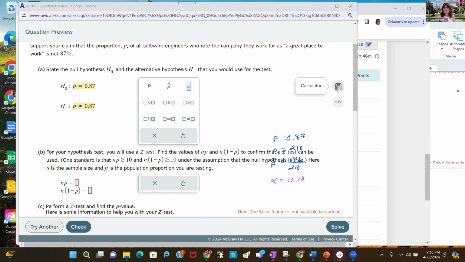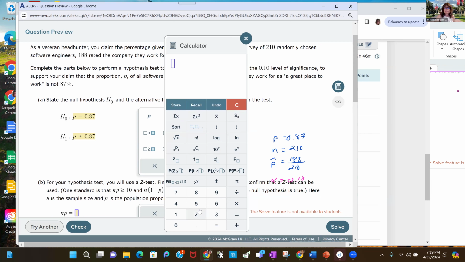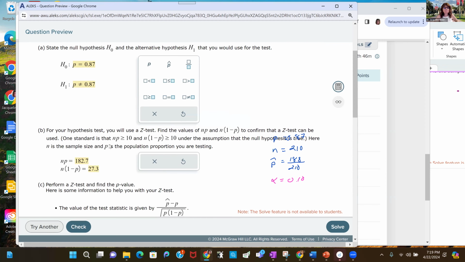So find n times p. So 210 times 0.87. And then n times 1 minus p. Oops. So that's 13%. Both of which are greater than 10.